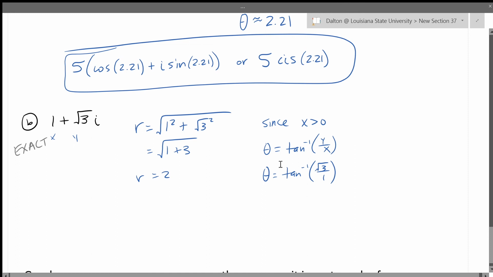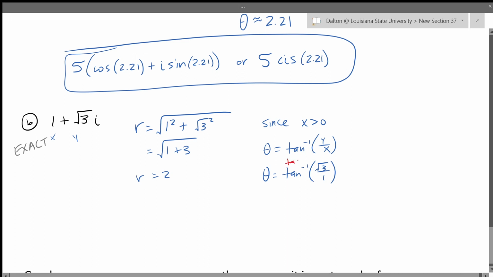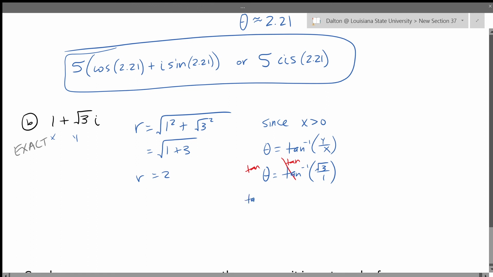This is asking, what value of theta do I have a tangent value of square root of 3? Or if you need to see it a little bit differently, if we take the tangent of both sides, then it cancels out tangent inverse on the right side. And then we have tangent theta equals square root of 3 over 1, which is just square root of 3.